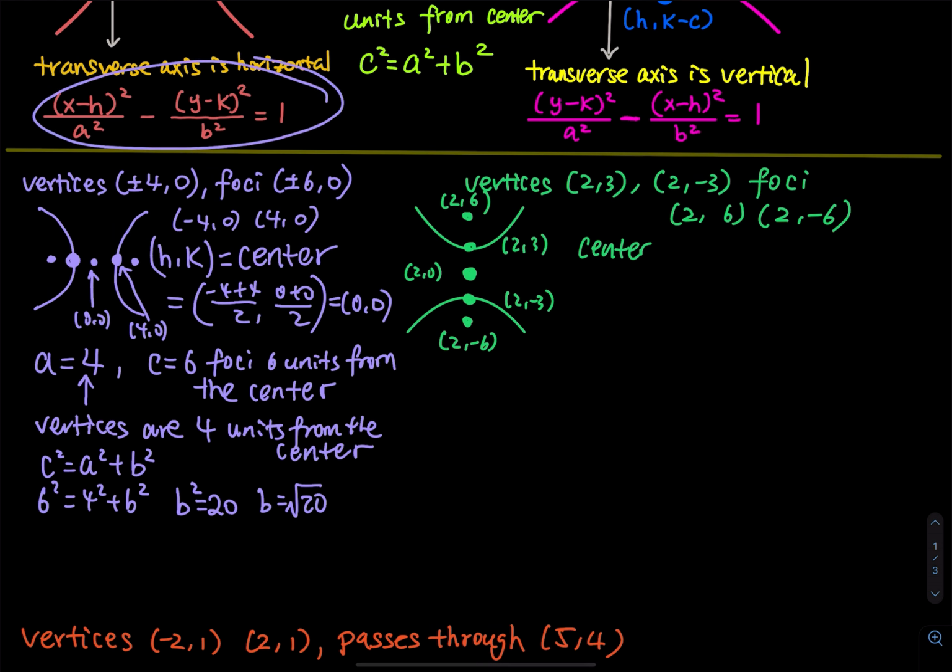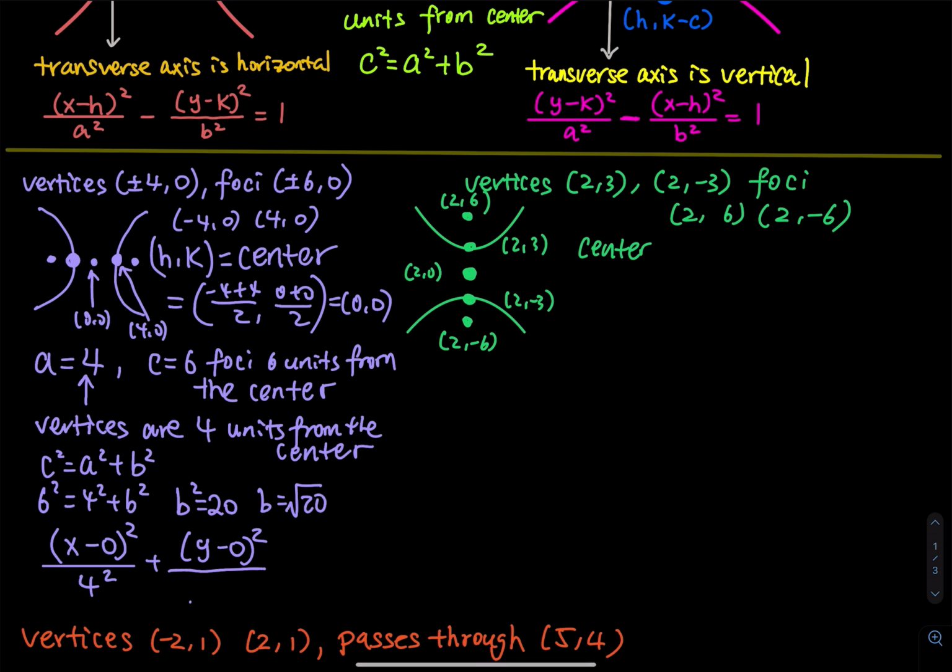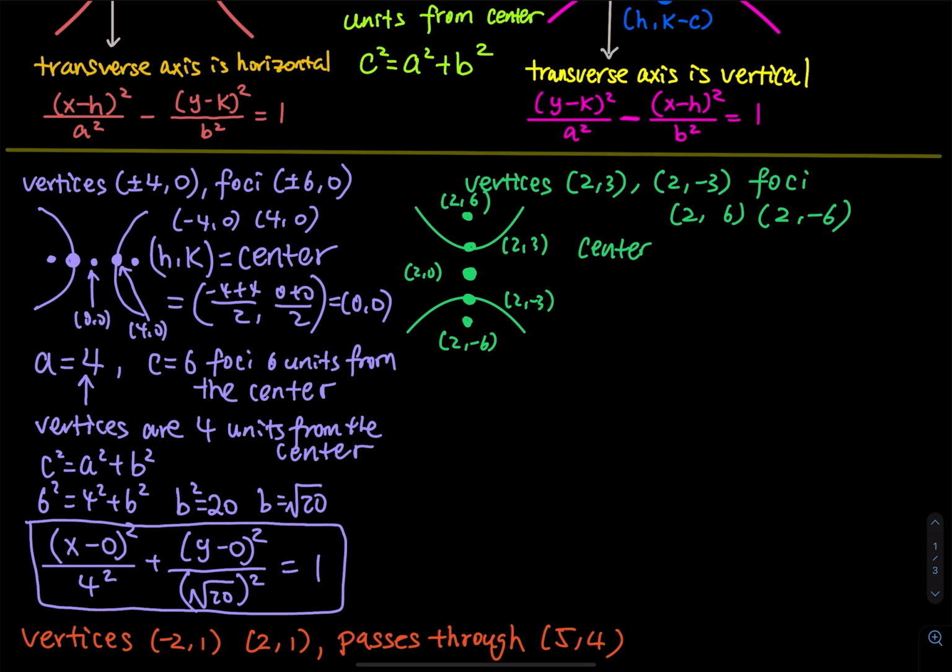You have x minus h, I keep the 0, squared, divided by a square, which is 4 square, plus y minus k square divided by b square, which I would like to put as square root of 20 square, because that is what the formula states, b square. Okay, I will keep that as a square. And then you box that. This is your final answer, and that is the standard equation of this hyperbola.